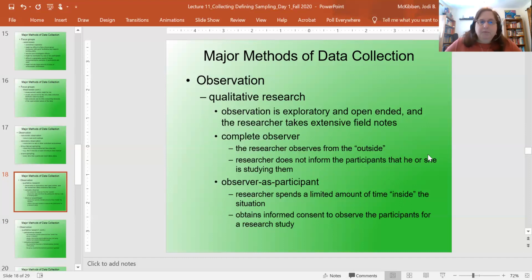Okay. The observer could also be a participant, where they spend a limited amount of time inside the situation. And the observer must obtain informed consent to observe participants for this kind of research study.